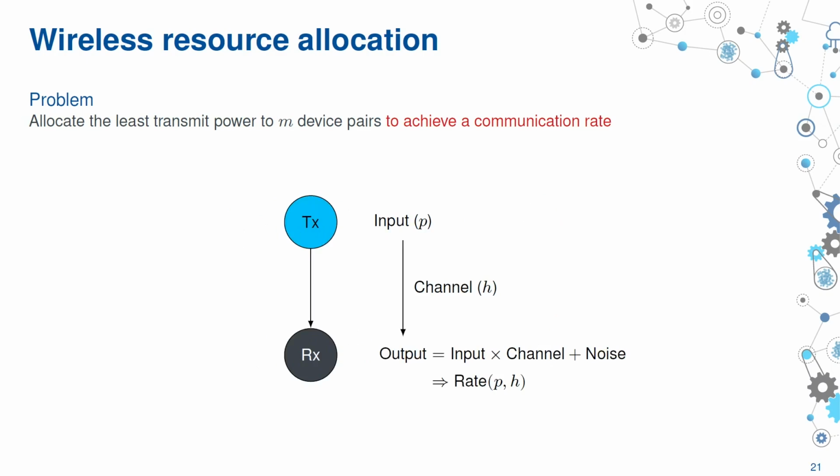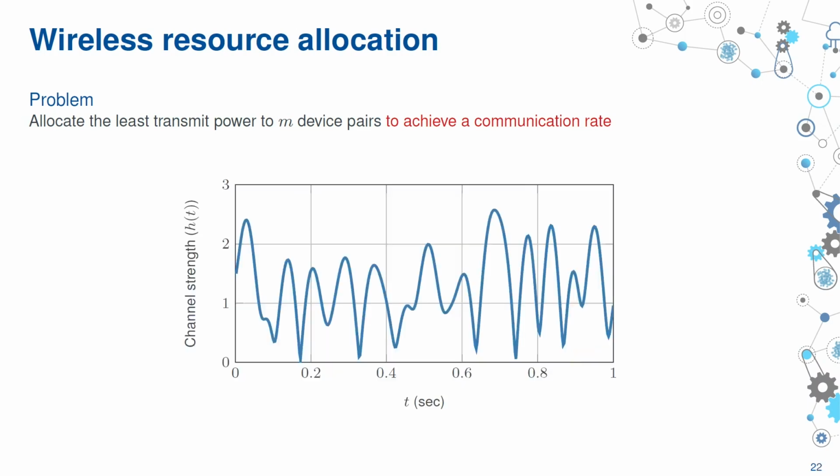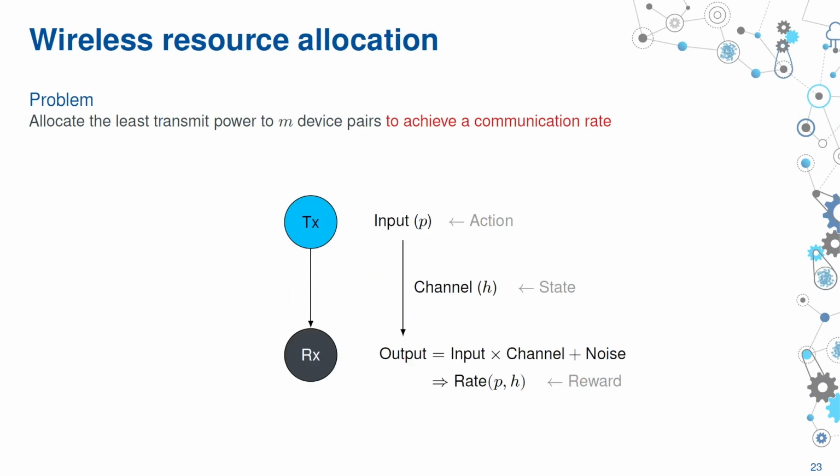In this case, what I mean by communication rate is just that you get to transmit messages at a minimum number of, let's say, bits per second. And this is defined by the power that I input into the channel and the value of the channel, right? So the channel sometimes is very bad, in which case I can put as much power as I want inside and nothing gets to the other side. And sometimes it's very good and very little power would transmit it, right? So I just want to be able to manage these two things.